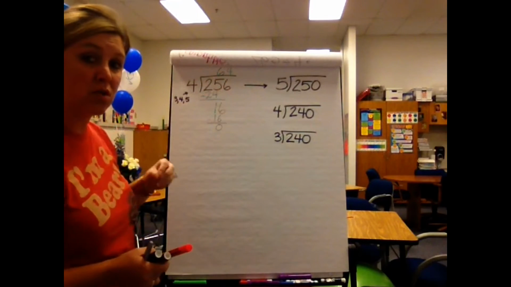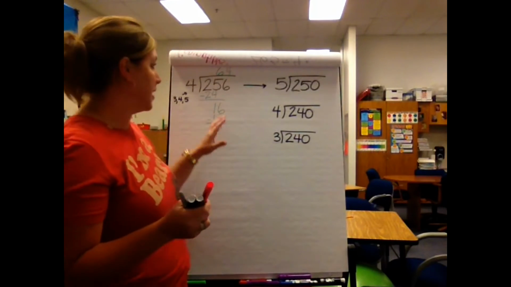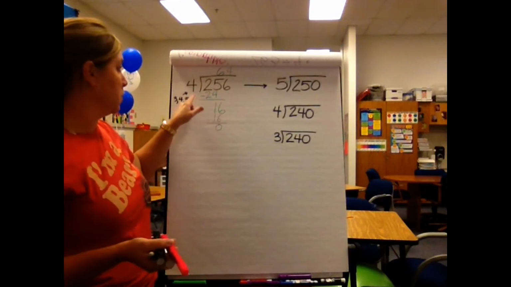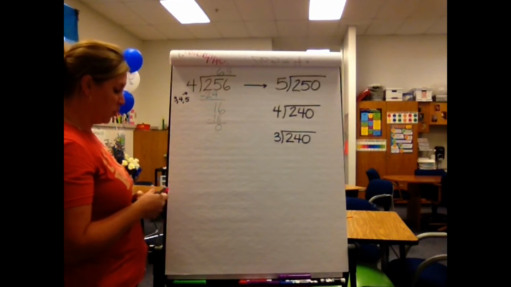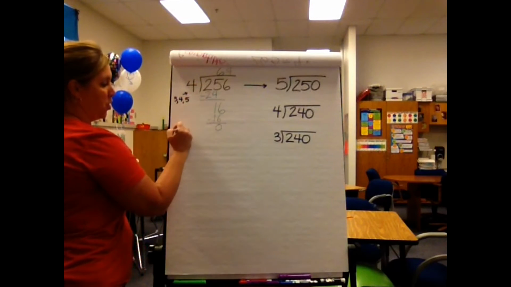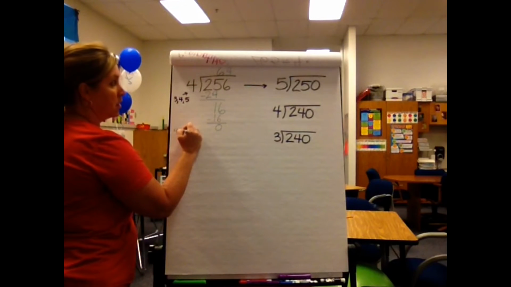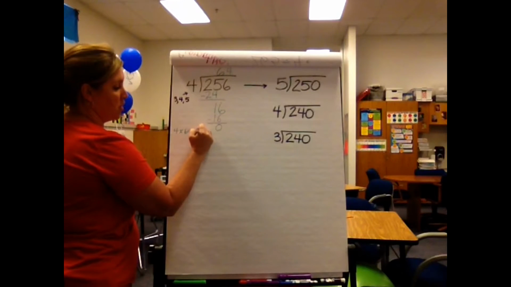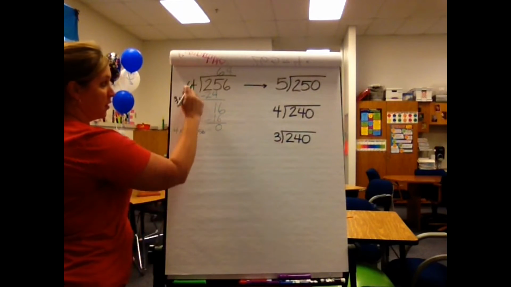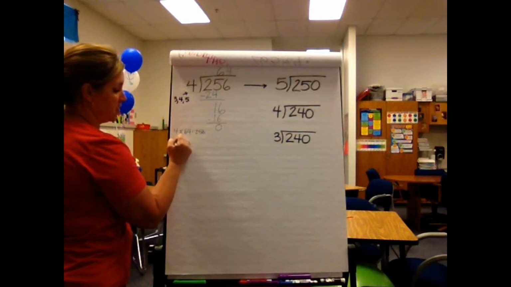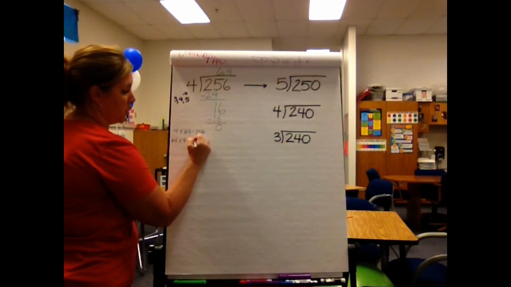64 times. I also can make fact families, tying that in. So my fact family would be, 4 times 64 is 256. Therefore, 64 times 4 is 256.